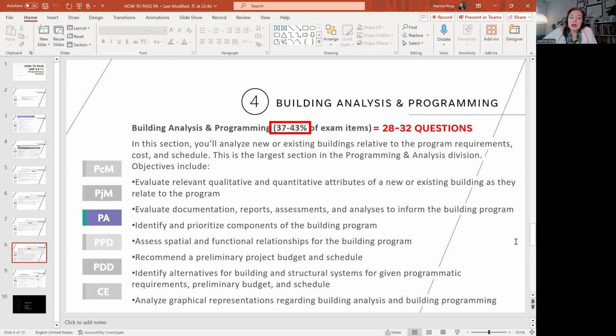And here there are a few objectives. The first one is you need to know how to evaluate relevant, again, qualitative and quantitative attributes, but here not the site, here it is a new or existing building as they relate to the program. So make sure that you know what buildings surround your site.